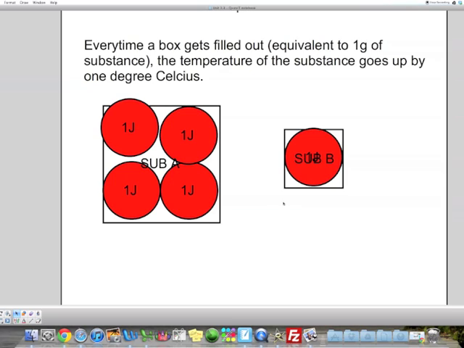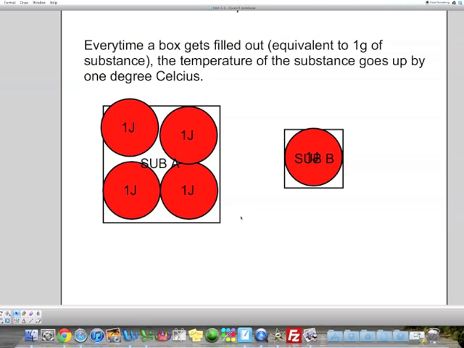So again, if I go back to the question, which one will need more energy to increase its temperature by 1 degree? It'll be this one. It needs 4 joules. It has a higher specific heat capacity, which means it requires more energy to increase 1 gram of matter by 1 degree Celsius. Now, the converse is also true.